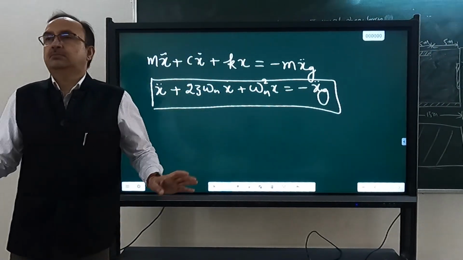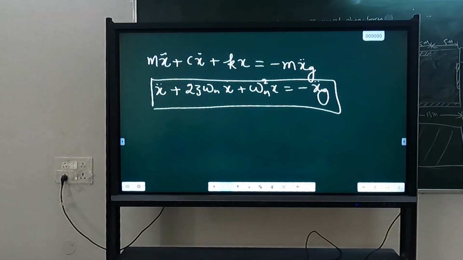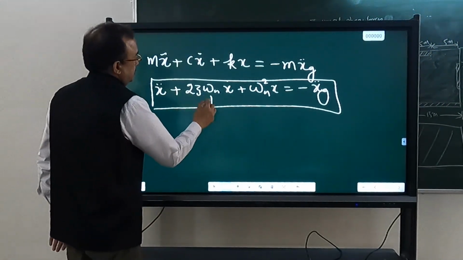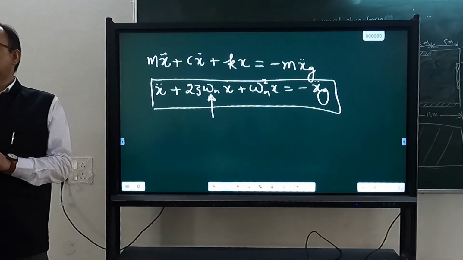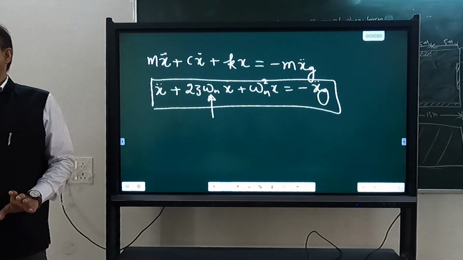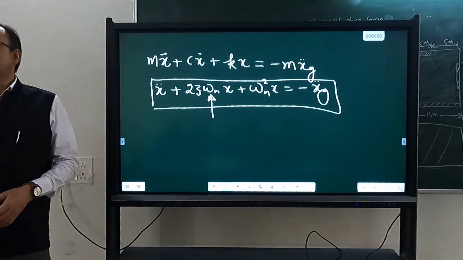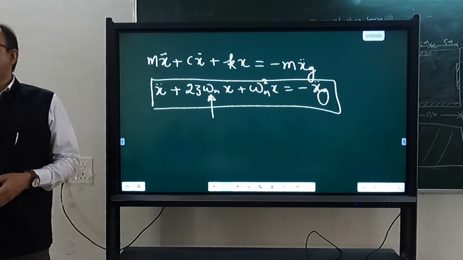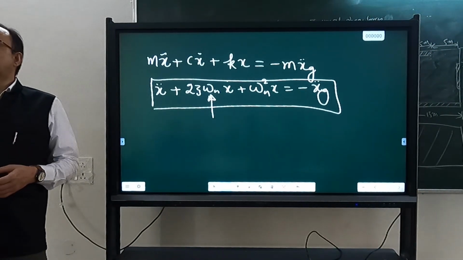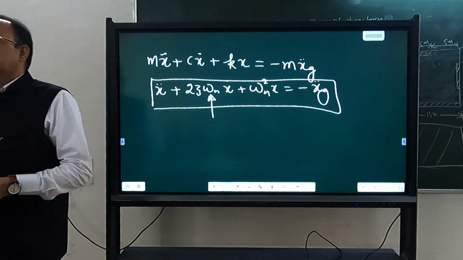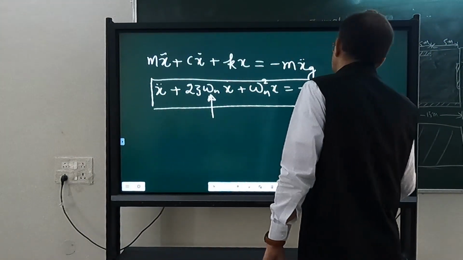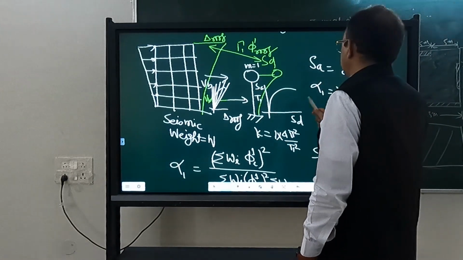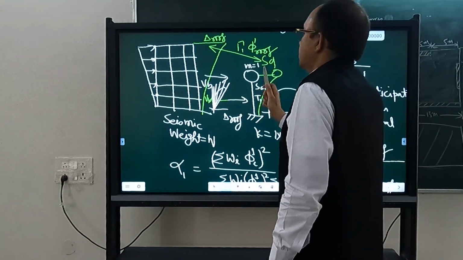You don't need m, you don't need k, you need omega n, period. So as long as the period is the same, it doesn't matter what is the height of your single degree freedom system, what is the stiffness, what is the mass of the single degree freedom system. If its period is the same as that of a building, that is important. So the period has to be the same.